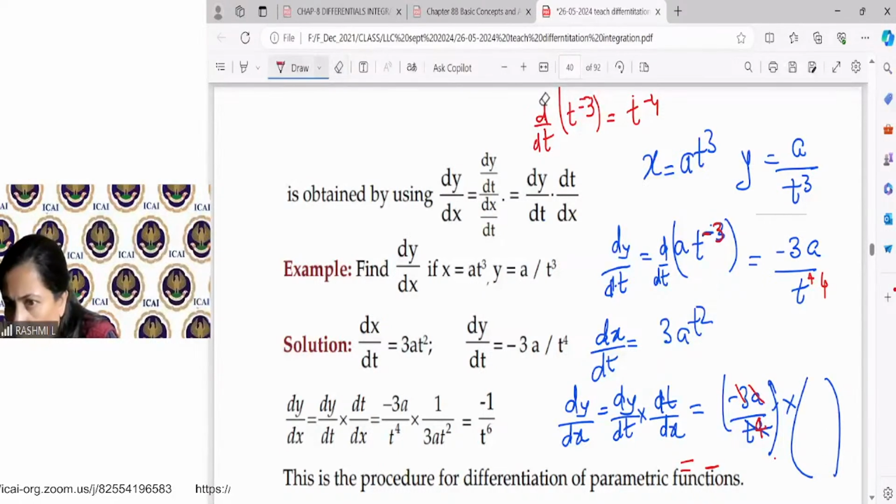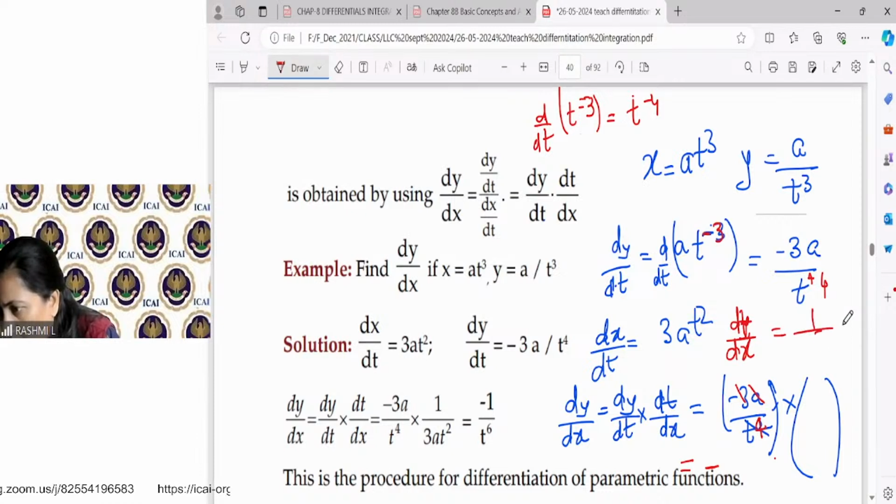Now dx by dt is 3a t square. So how much will be dt by dx? It is equal to 1 upon 3a t square.